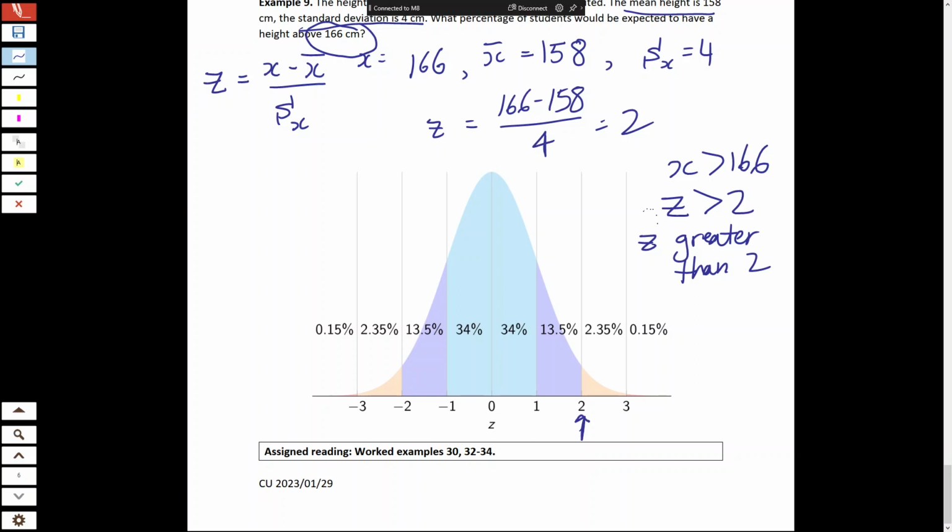So I'm going to use this region of my normal distribution. So I'm going to add up 2.35 and 0.15 to get 2.5%.